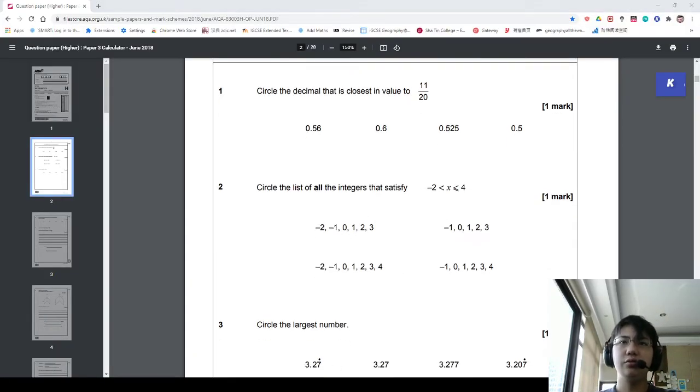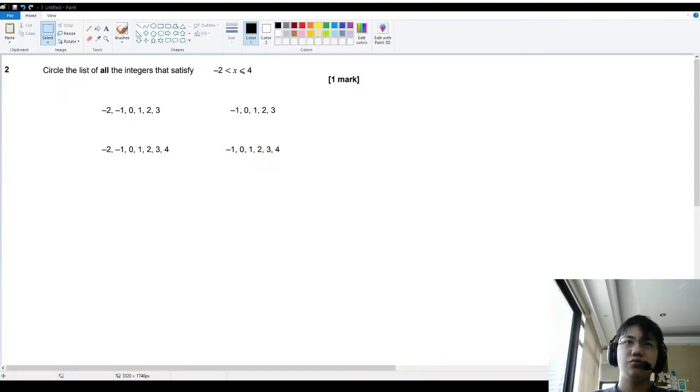Moving on to question 2, we need to circle all the integers that satisfy -2 is less than x is less than or equal to 4. So the answer to this question is this last one here, as this symbol means less than but not including, so not -2, but this symbol means that x is less than or equal to 4.